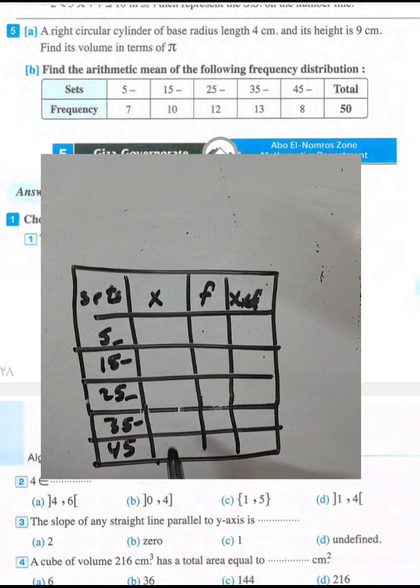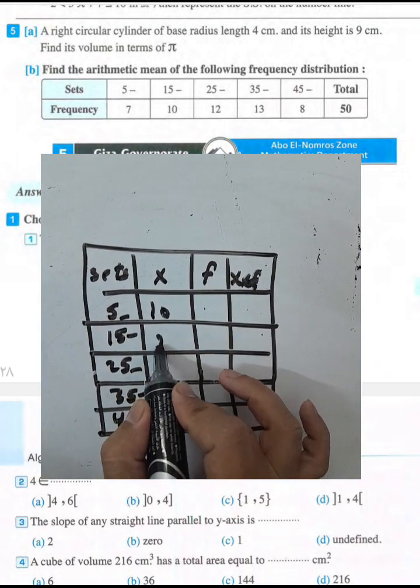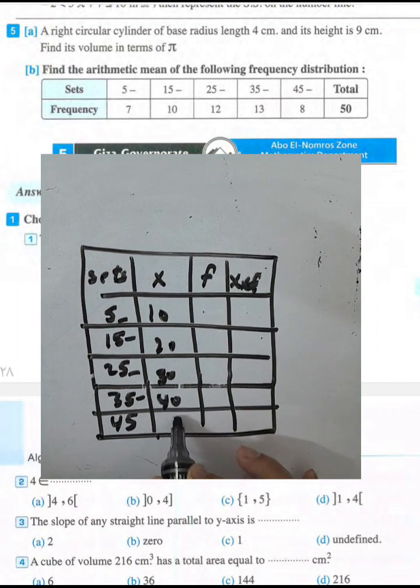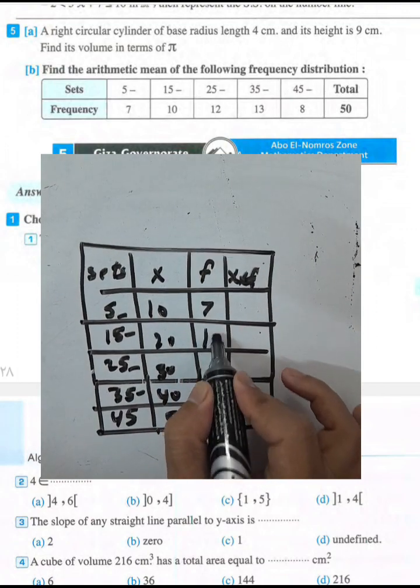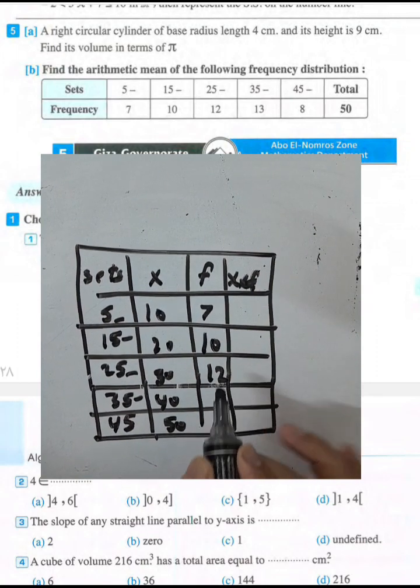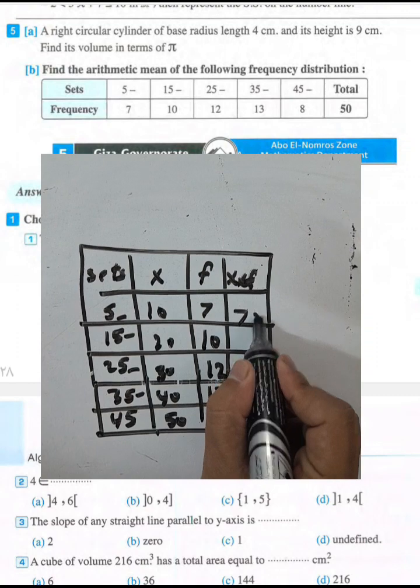We can find x here: 5 plus 15 is 20, divided by 2 is 10; then 20, 30, 40. And the frequencies give us, for example, 7, 10, 12, 13, 8.